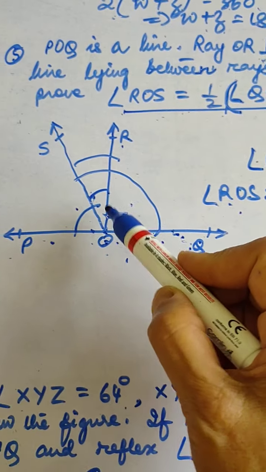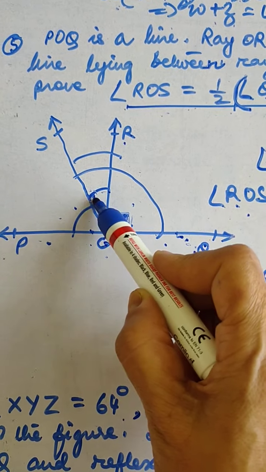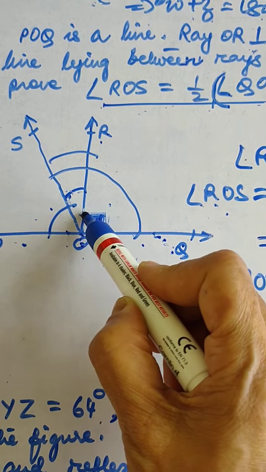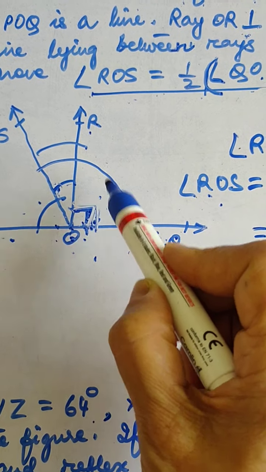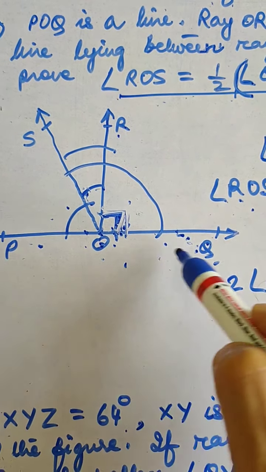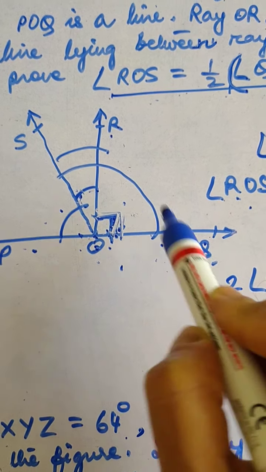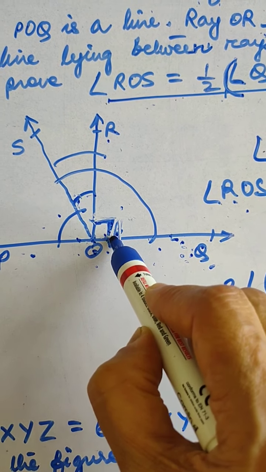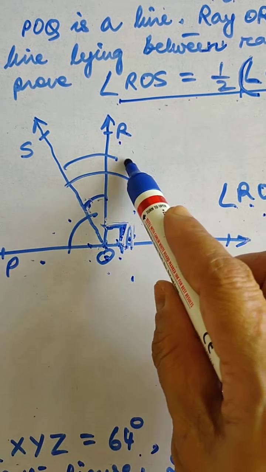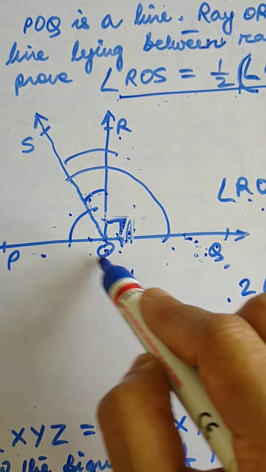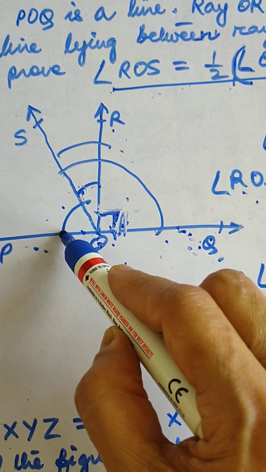So ROS plus POS equal to 90 degrees. Since ROQ equal to 90 degrees, and you see that PQ is a line, OR is the ray standing on PQ. So if ROQ is 90 degrees, then ROS plus SOP will also give you 90 degrees.